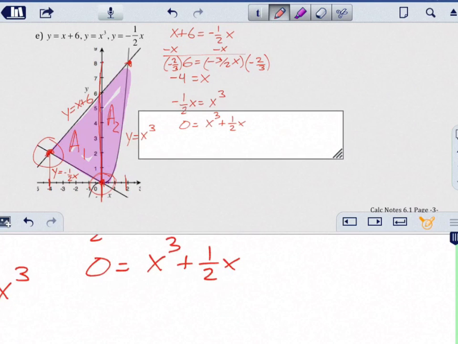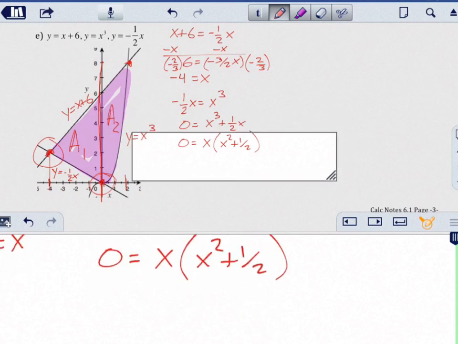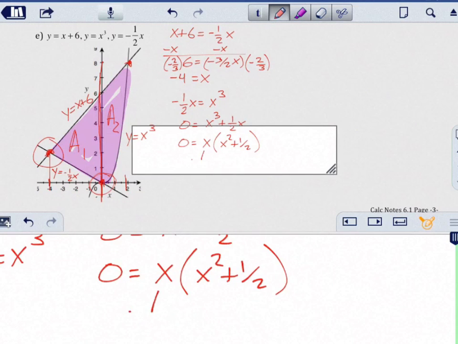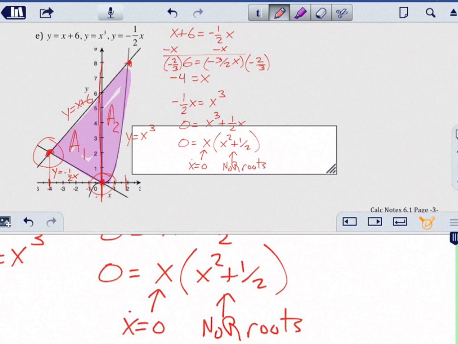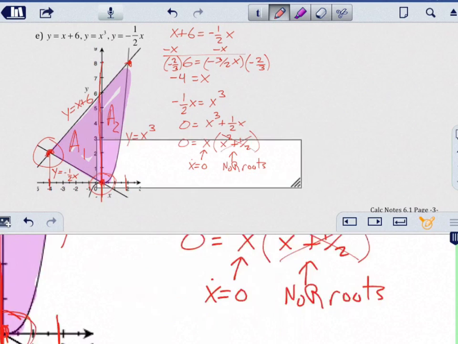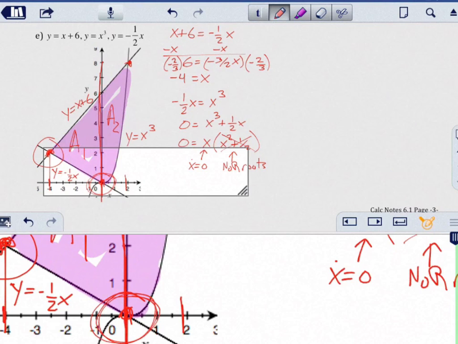And we'll factor out an x. Okay, so this one right here gives me x equals 0, and this one has no real roots, so we don't have to worry about that one. And x equals 0, we could probably see that was the case right there.